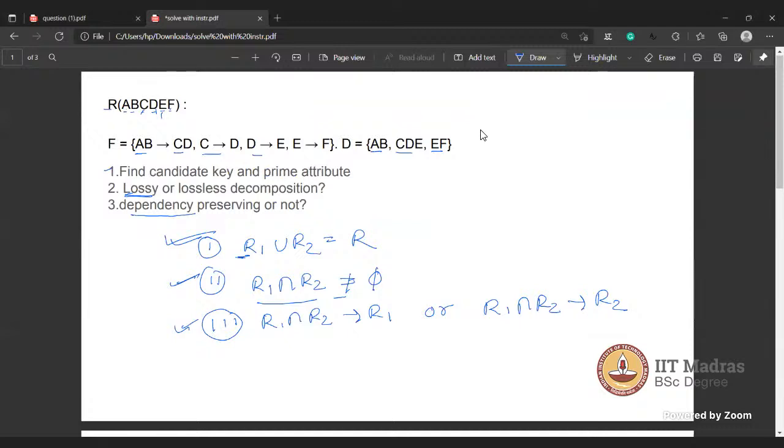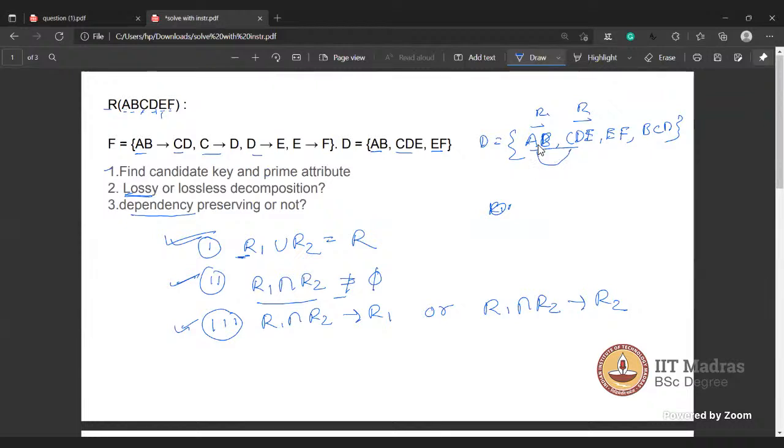See, there is a decomposition A, B, C, D, E, F, and another is B, C, D. If we take this R1 and this R2, the intersection returns null.